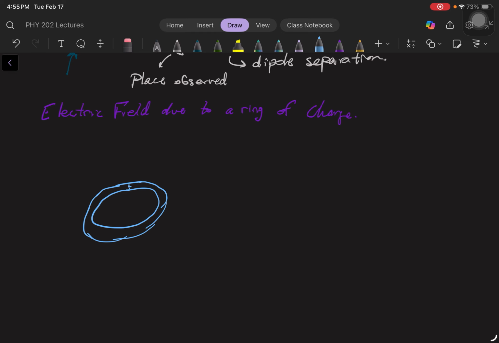And we can put a bunch of little plus signs. Right, as you can imagine, it would be cumbersome to go through and deal with each individual charge in a full line. So what we're going to do is define the linear charge density. Right, and for this to be true, it has to be a uniformly distributed line of charge.